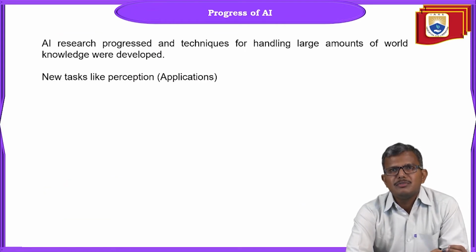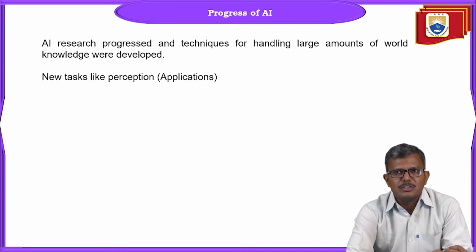So what is the progress of artificial intelligence? Today, there are a lot of techniques already available related to artificial intelligence. Those techniques are ready to handle large amounts of data, and even large amounts of knowledge. As we are dealing with artificial intelligence, instead of data, in most cases we use a specific term called knowledge.